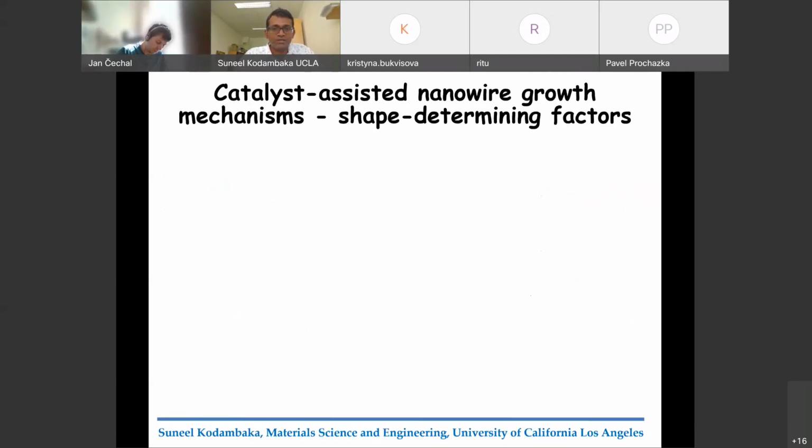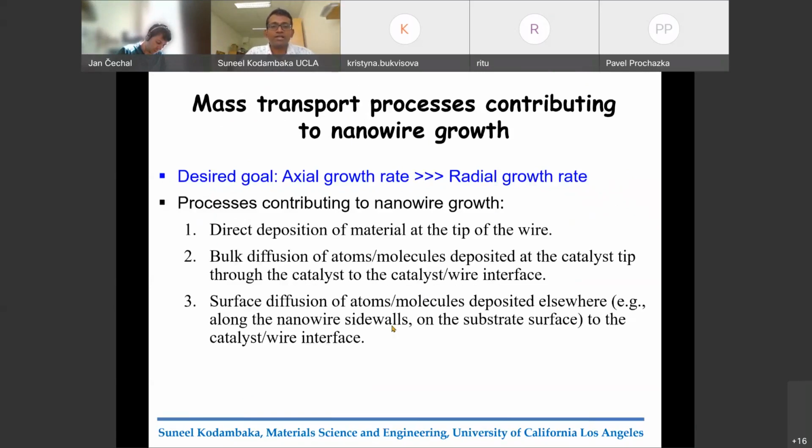So in terms of nanowire growth, as I mentioned before, the key requirement if we want to have a nanowire is that the growth rate needs to be higher axially compared to radial growth. And whether the material grows axially or radially depends on the amount of material being deposited directly at the tip of the wire versus on the side walls of the wire.